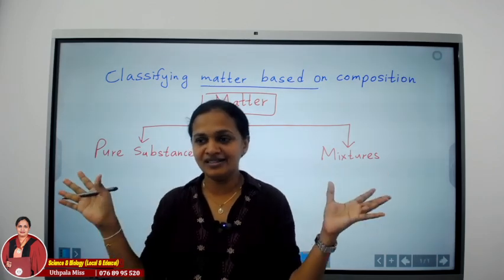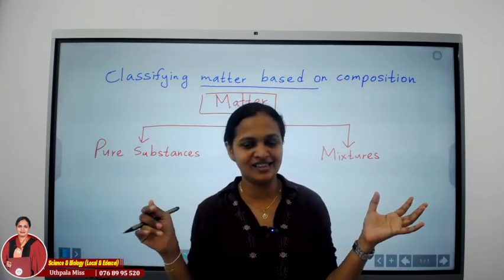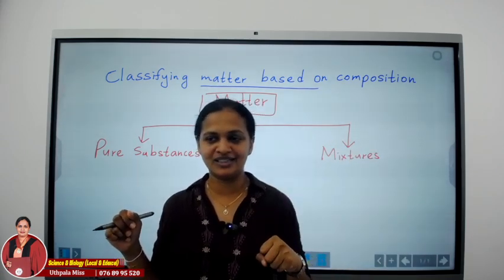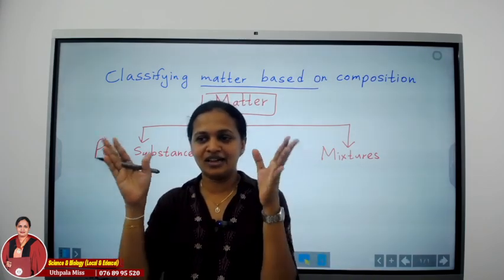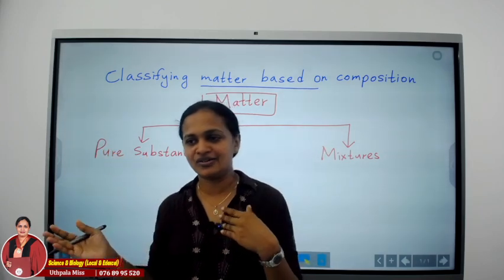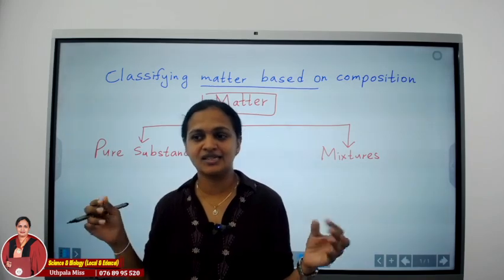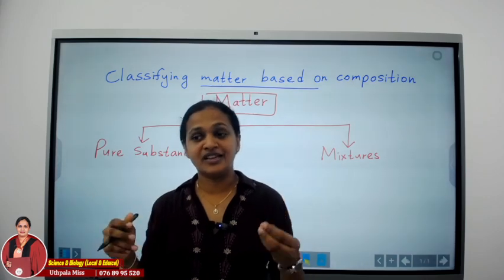Then the air surrounding us is a mixture of gases: nitrogen, carbon dioxide, oxygen. Then there may be pollutant gases, water vapor in the atmosphere, and dust particles.